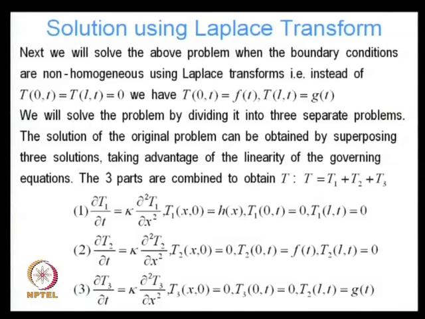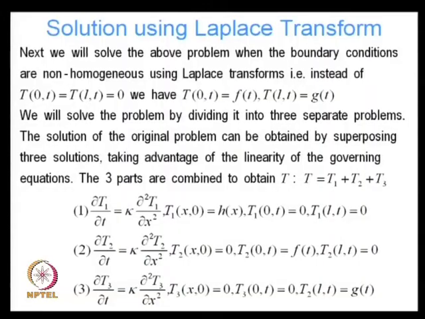The non-homogeneous boundary conditions that I am going to assume are that at the end x is equal to 0, I know the temperature as a known function of time. At the end L, I know the temperature as another known function of time given by g of t.